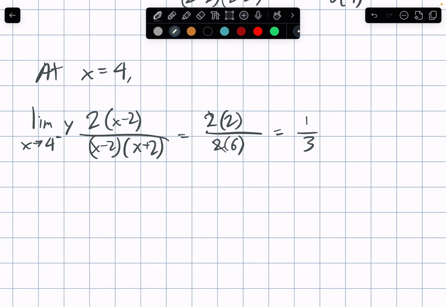How about from the right? Let's substitute already. It's already written here anyways. So 4 minus 2 is 2. 2, 6.